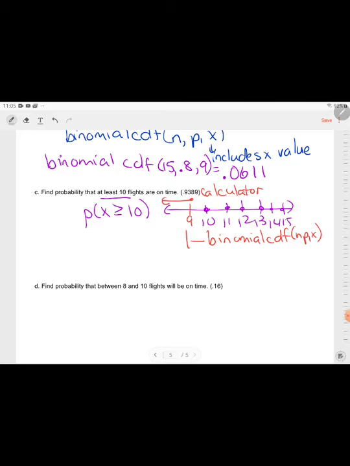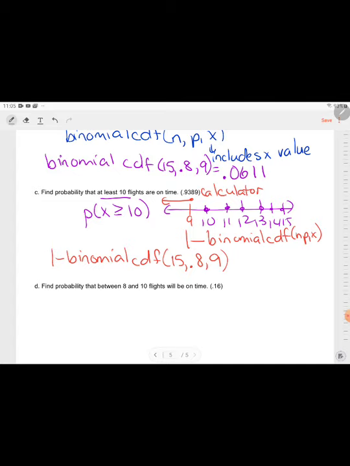And we have to just decide which number we want to include or not include. Because remember, the sum of the probabilities for probability distribution is 1. So I'm going to do 1 minus binomial CDF. I want to include the 10. Okay, so that means if you want to include that 10, you've got to drop down or subtract 1 and use 9. So 15, 0.8, and 9.